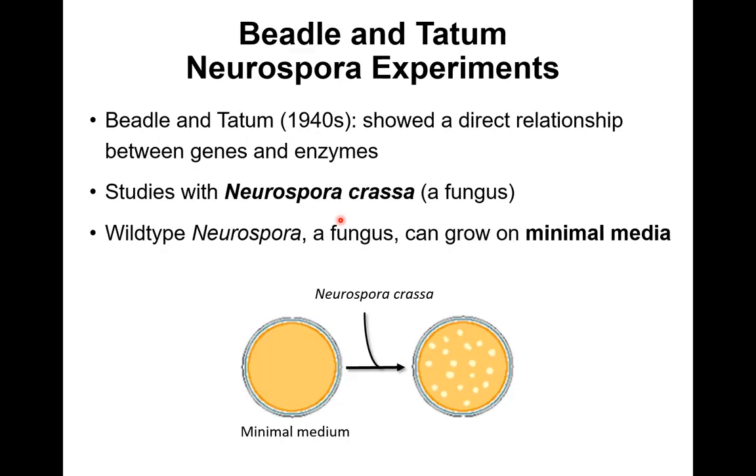But the second big evidence was provided by two scientists, Beadle and Tatum, who were doing their studies, in this case, using a fungus called Neurospora crassa, very commonly used in the lab. These experiments were done in the first half of the 1900s, in the 1940s.